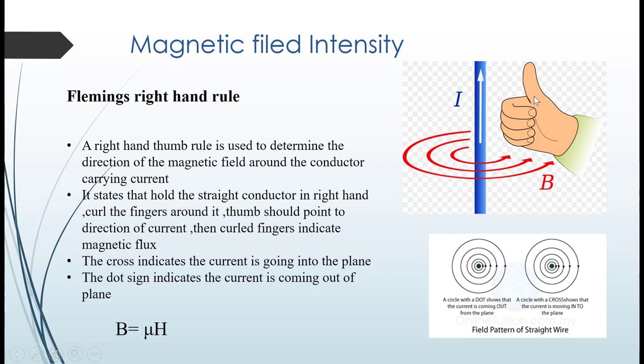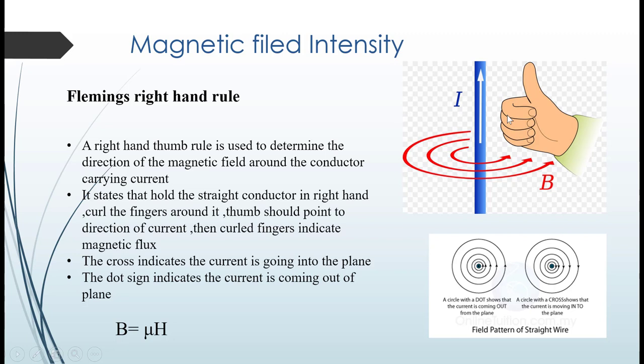See in this figure here, the thumb is indicating the direction of the current flowing through the conductor, and if you hold the straight conductor in the right hand such that the fingers are curled around the conductor and the thumb is straight indicating the direction of the current, then the curled fingers indicate the direction of magnetic field or lines of field or B bar. So in this figure, these lines are in anti-clockwise direction and the current is going in upward direction.